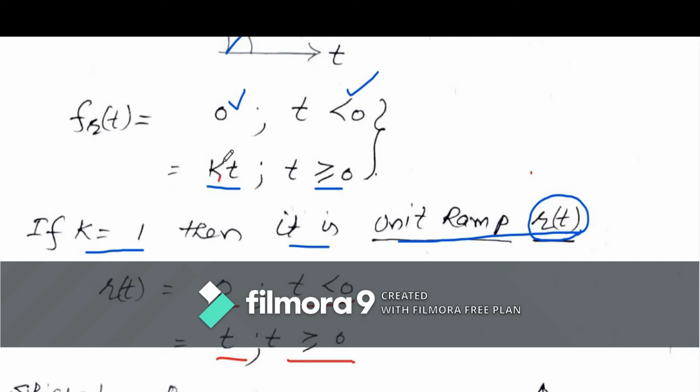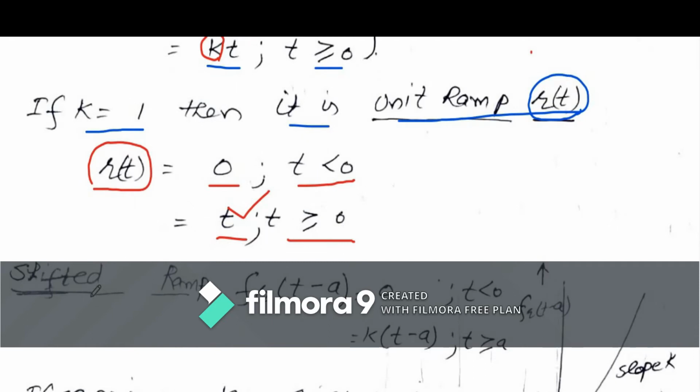Because the value of K is 1, it becomes only t. R of t is the unit ramp, and Fr of t is any ramp function.